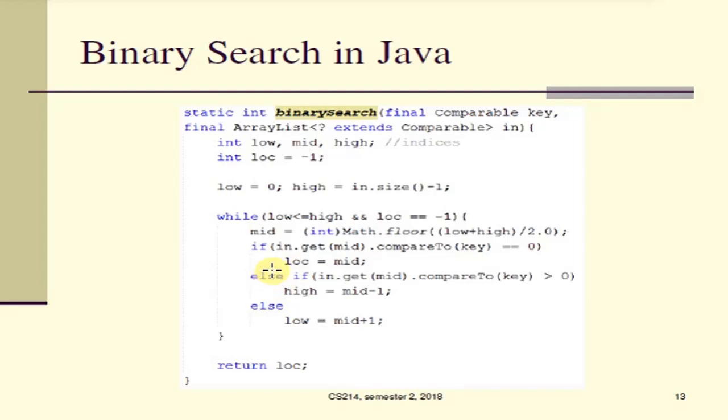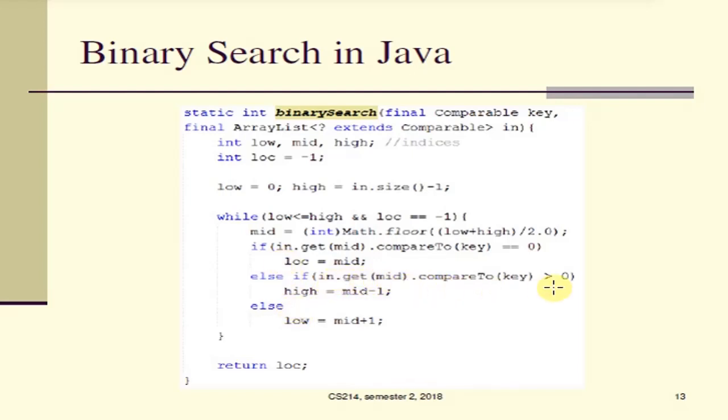Okay, and then we would go back up and do the same thing again, set the mid again, which would be half of this first half of the array, right? And then we check these conditions again.